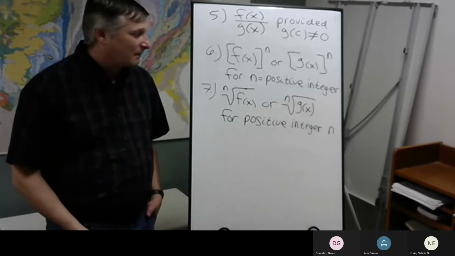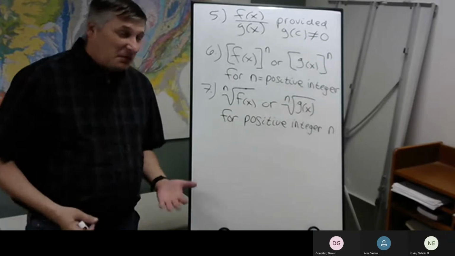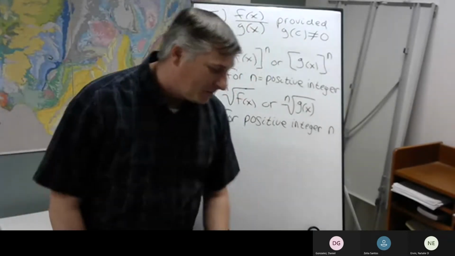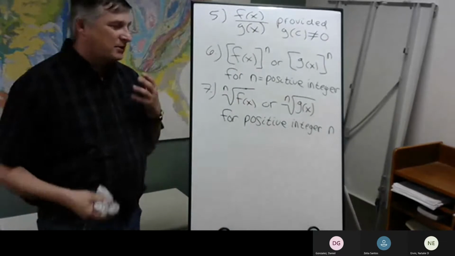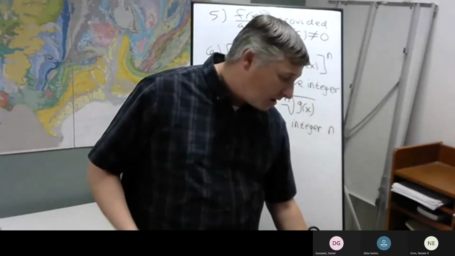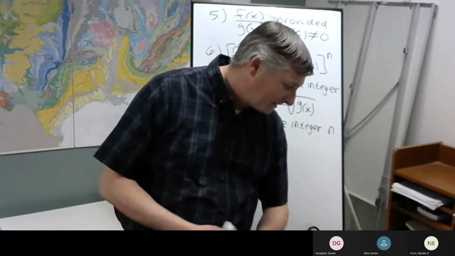Questions about that? So those are the properties we're going to be using. If you have continuous functions, you can come up with combinations of continuous functions, and those combinations are also going to be continuous.